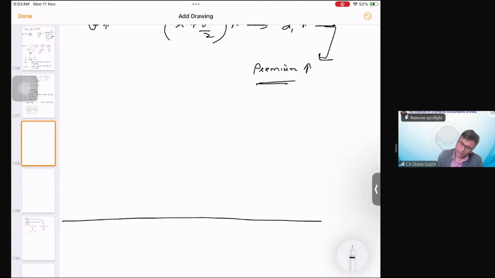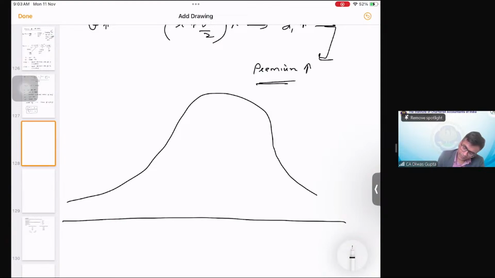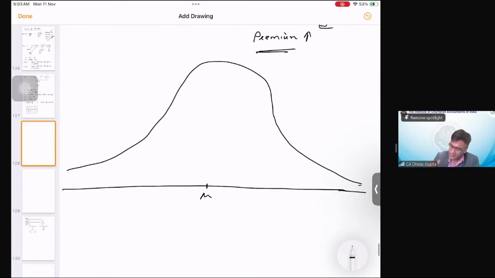Now let's come to the normal distribution. So students, normal distribution is a distribution which distributes the values equally from the mean. So for example, this is the mean. Let's say there is a series of data.